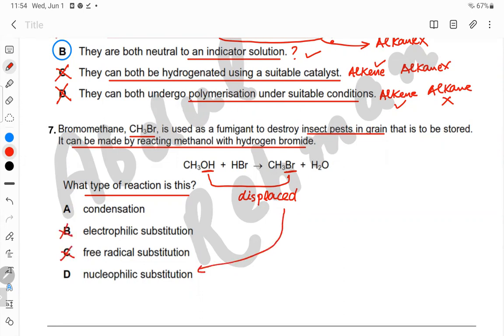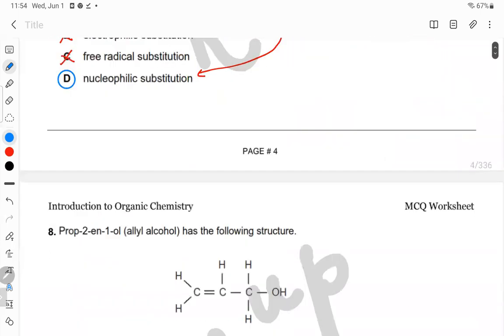So A, C and D all go wrong, and B is the correct answer. Very good. Is this point clear to everyone? Free radical substitution always occurs in alkanes when a hydrogen bonded to a carbon is displaced by a halogen. Then it is a free radical substitution.